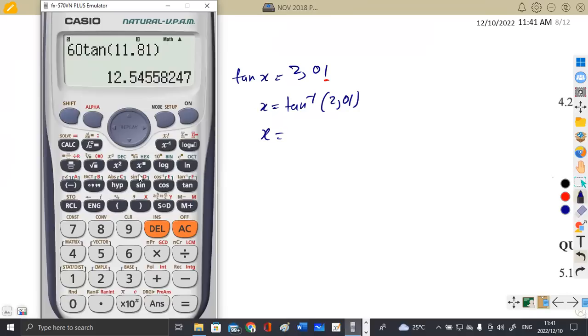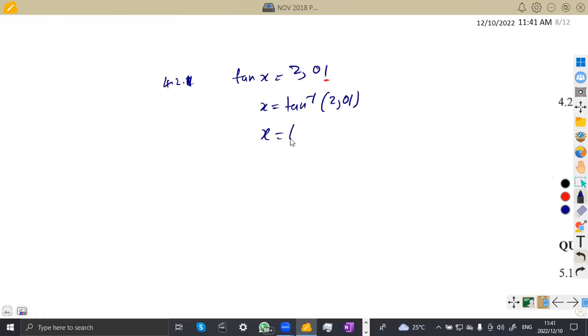Make sure that your calculator is in degrees. So it's shift tan, that's arctan 2.01, which is going to be 63.45 and so on. But remember, you're given answers to one decimal place, so it's going to be 63.5. So x is going to be 63.5 degrees.